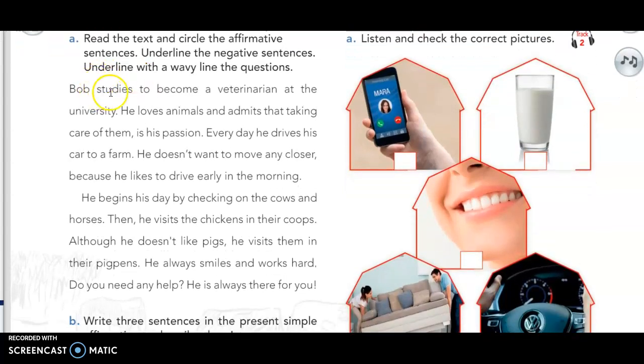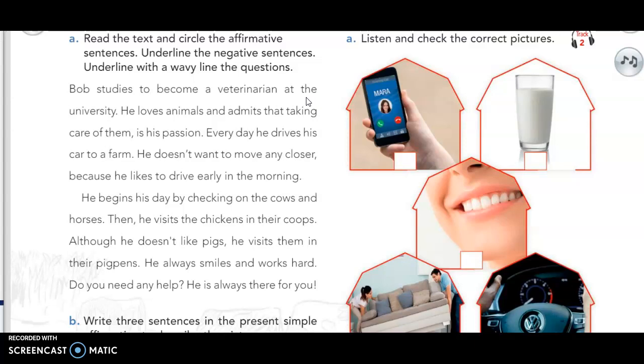Bob studies to become a veterinarian at the university. He loves animals and admits that taking care of them is his passion. Every day he drives his car to a farm. He doesn't want to move any closer because he likes to drive early in the morning.